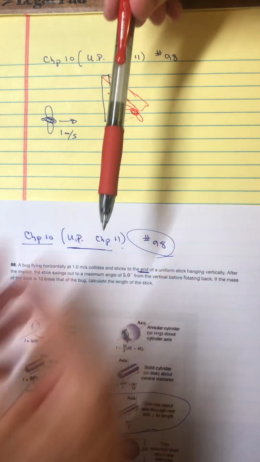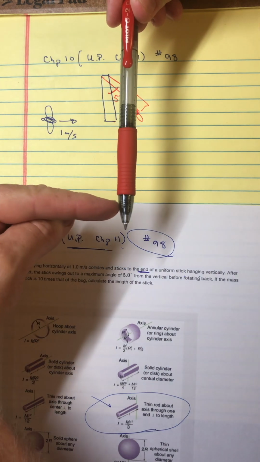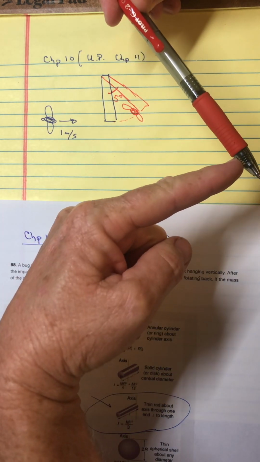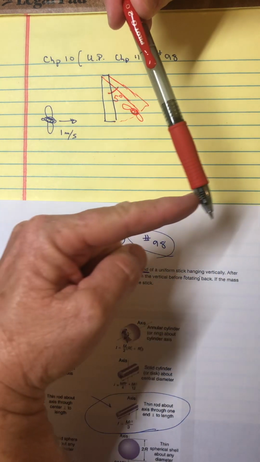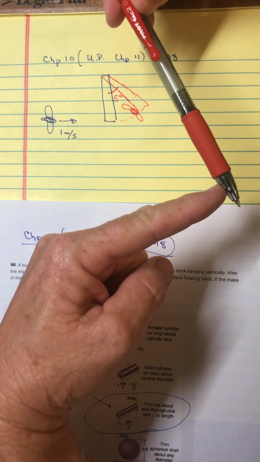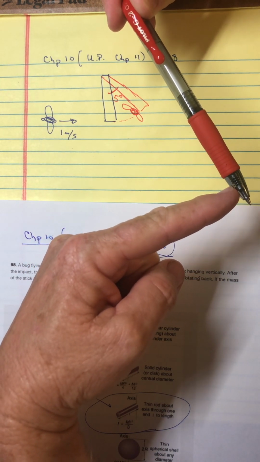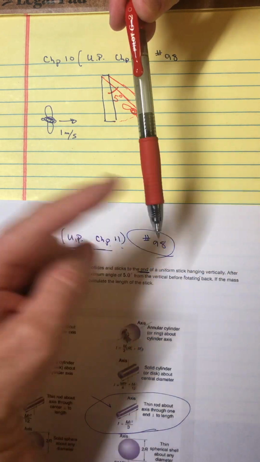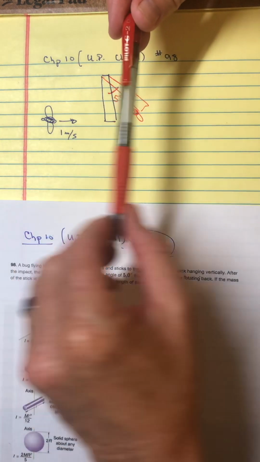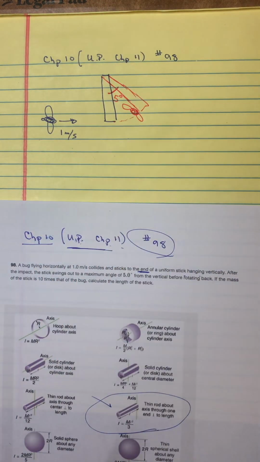I guess it's looking something like this. The bug comes along, hits the end, swings out. And of course, that swinging out is a kind of a lift, and that turns our kinetic energy into potential energy. And then it probably falls back and rocks a little bit.